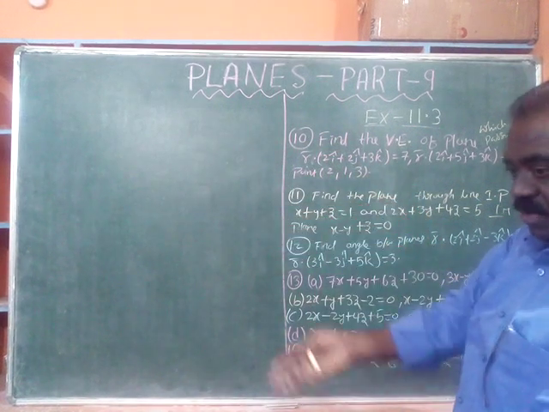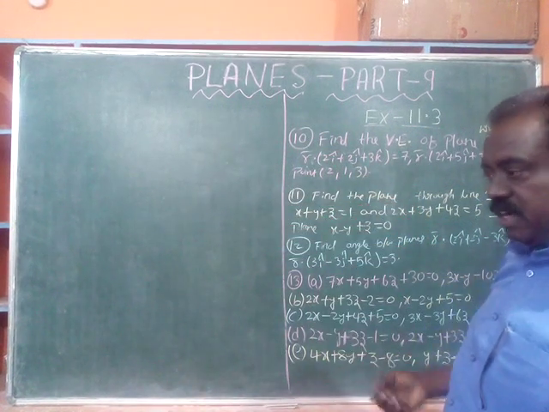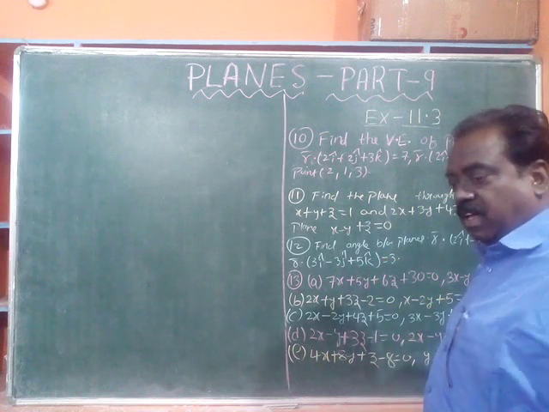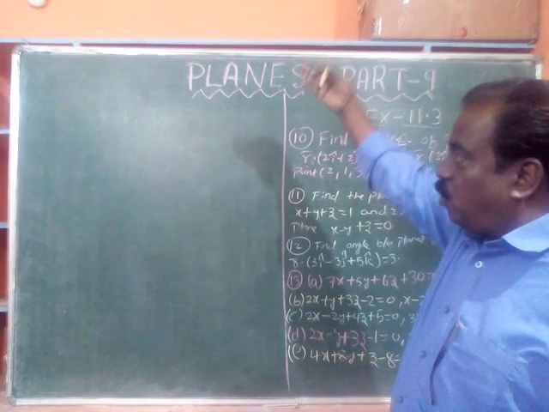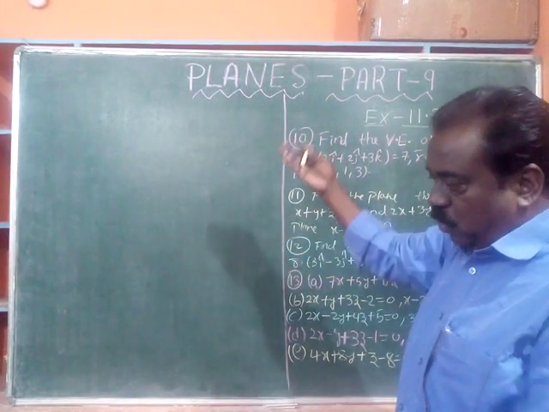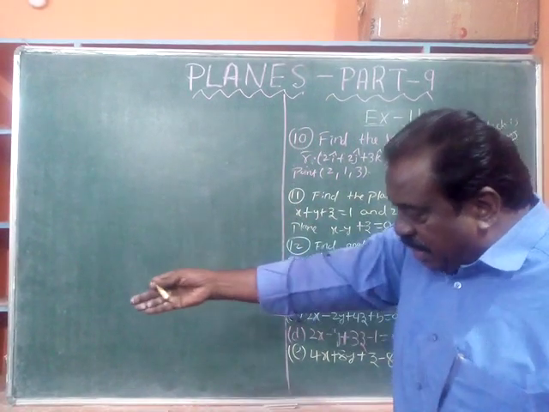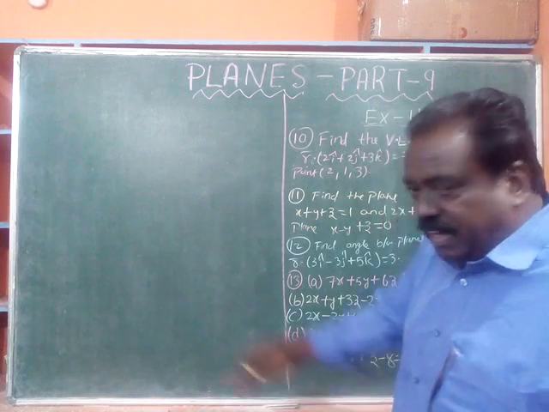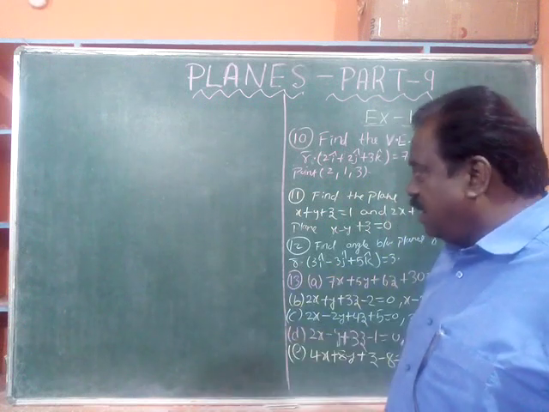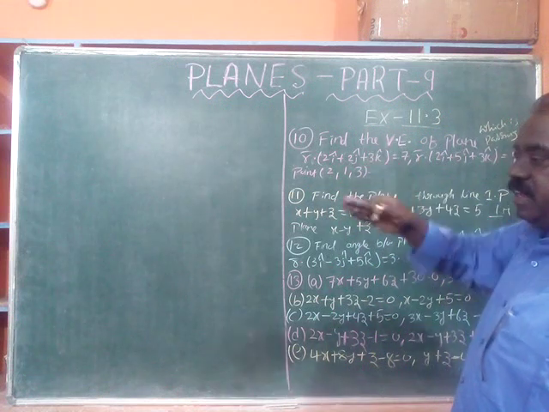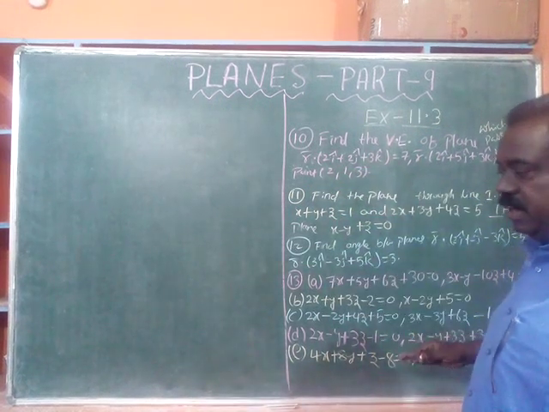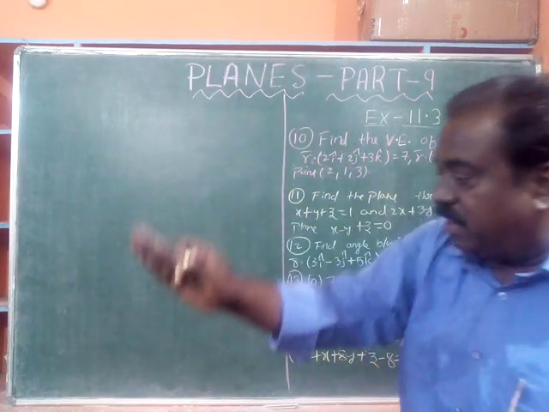Suppose in our room where you are sitting and observing my class, the floor is one plane and this wall is another plane. The two planes intersect at one line, that line. Here also there are two planes intersecting at one line, and through that line a plane is passing.